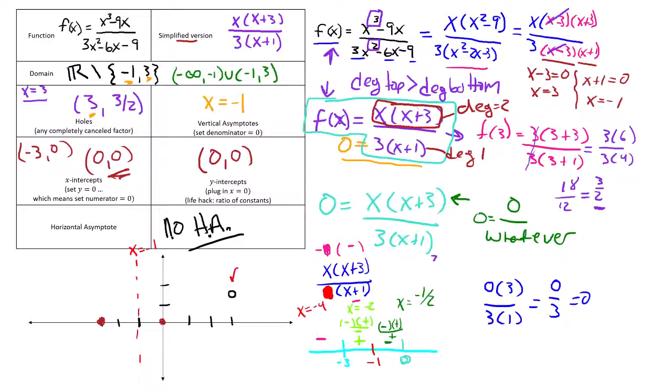If you were to plug in 3, we got a positive number, but just pick some other value if you don't remember that you've already figured out what it is based on this hole. So if we pick, say, x is 2, we're going to get a positive. 2 plus 3 is also positive, and 2 plus 1 is also positive, so we get a bunch of positives. So we know what this function is going to do on these intervals.